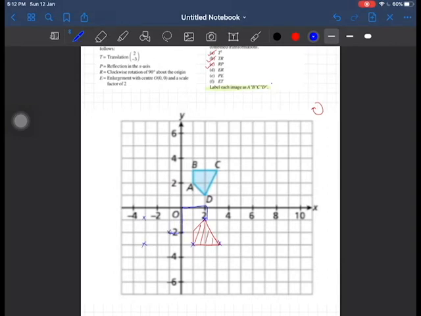Right? So we have it now. And just in case, we'll just take this one. So there we have our final image, which you should label, right? So let's label it.